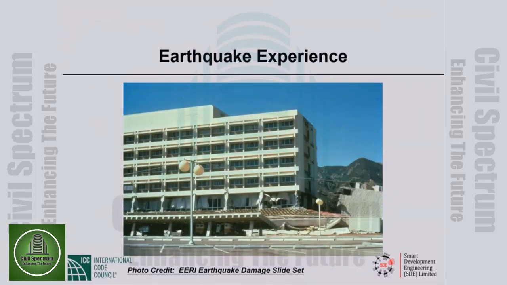The Olive View Memorial Hospital after the 1971 San Fernando earthquake. I showed you a picture already from this face of the building. This is the front of the building. This canopy or roof over columns, the ambulances were all parked underneath this roof.